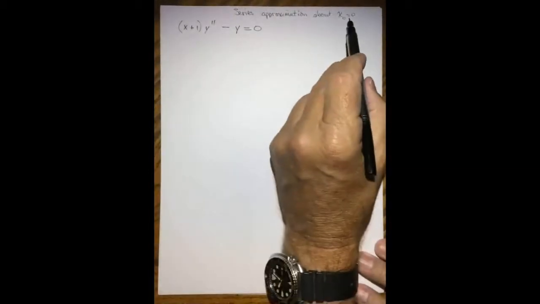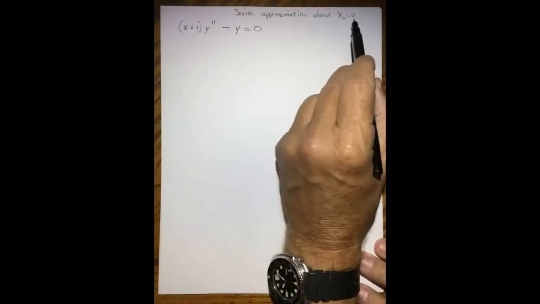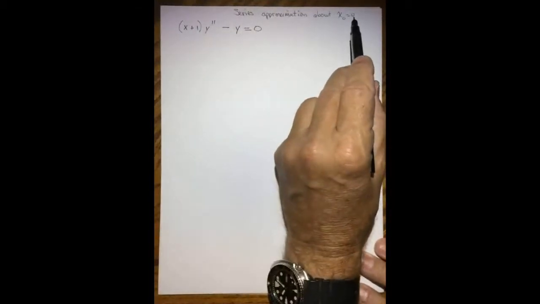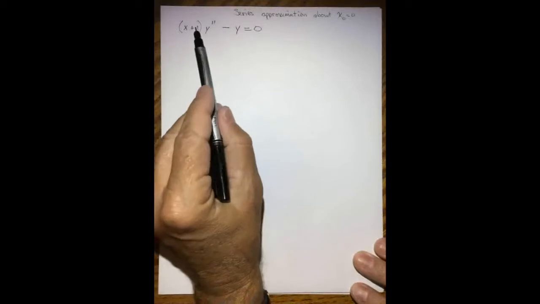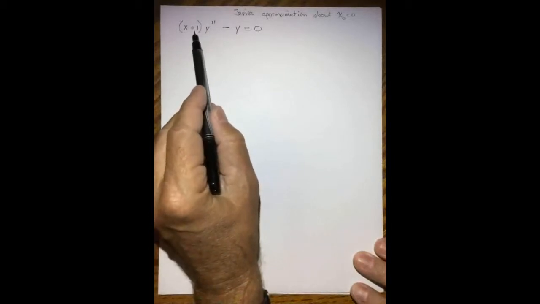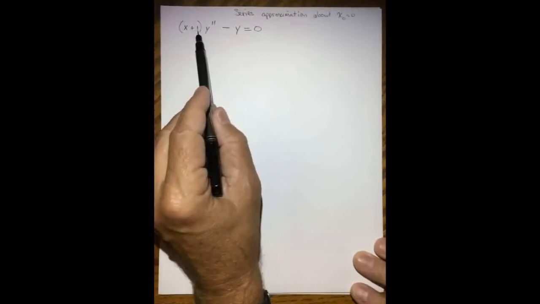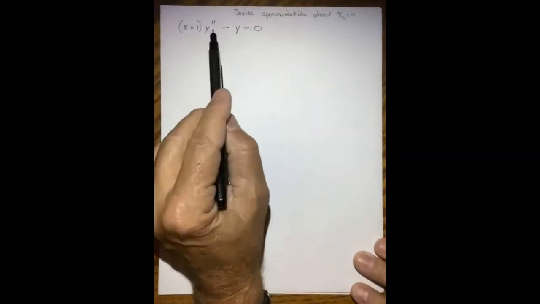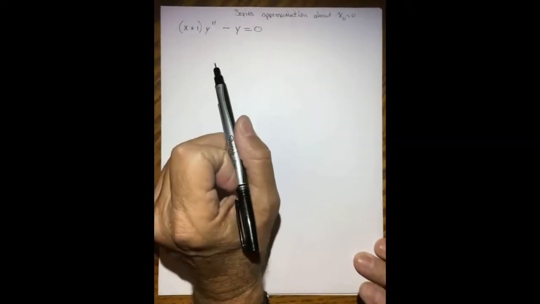We're going to do a Maclaurin series, a series approximation of the solution to this, centered at 0. It would not make sense to do a Taylor series expansion around -1 because it's not defined at -1. But for any other x value, this differential equation is what we call analytic. It makes sense.